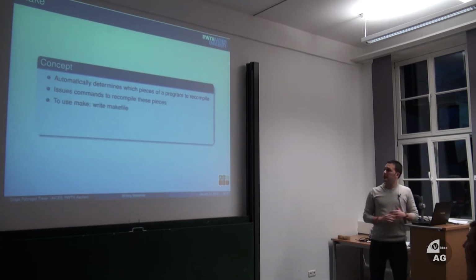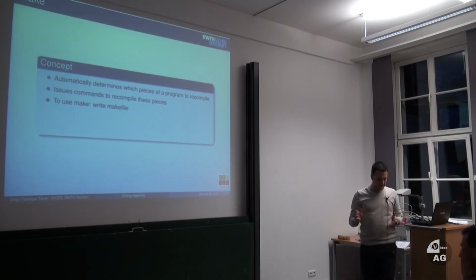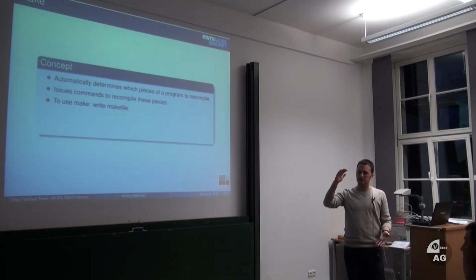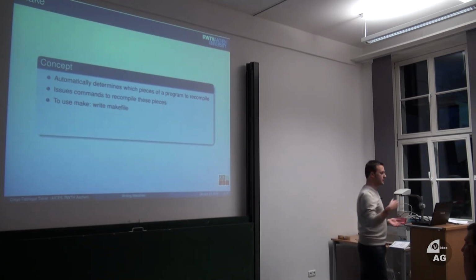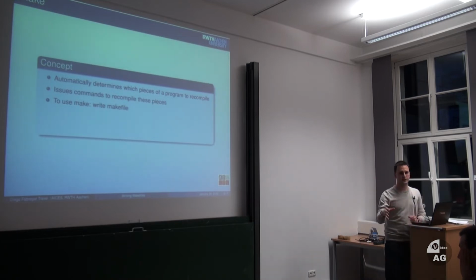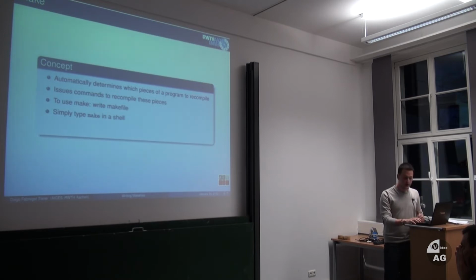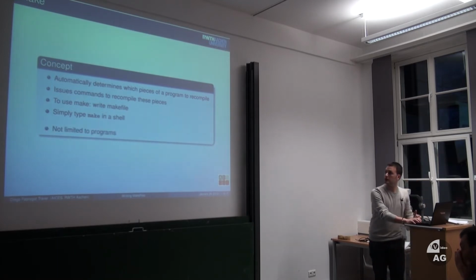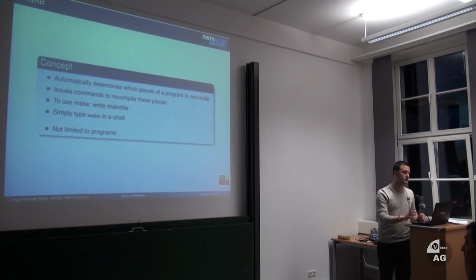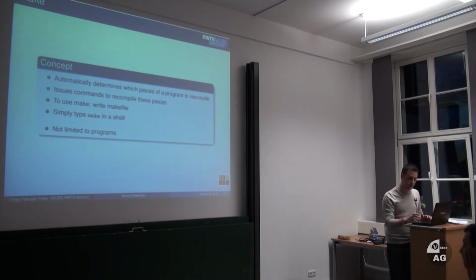You need to write makefiles, which you can see as just a sequence of rules that tell make how to compile each object and then link them together and do other stuff. And then once you have the makefile, you just type make on a shell, and it does it for you. And it's not limited to programs, although I will just focus on that. You can do more stuff. Anything that has these dependencies and needs to manage them, you can do it through makefiles.